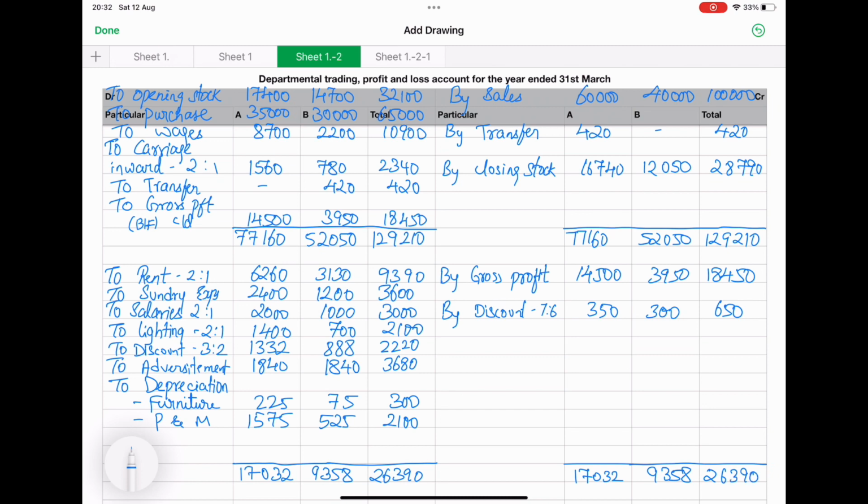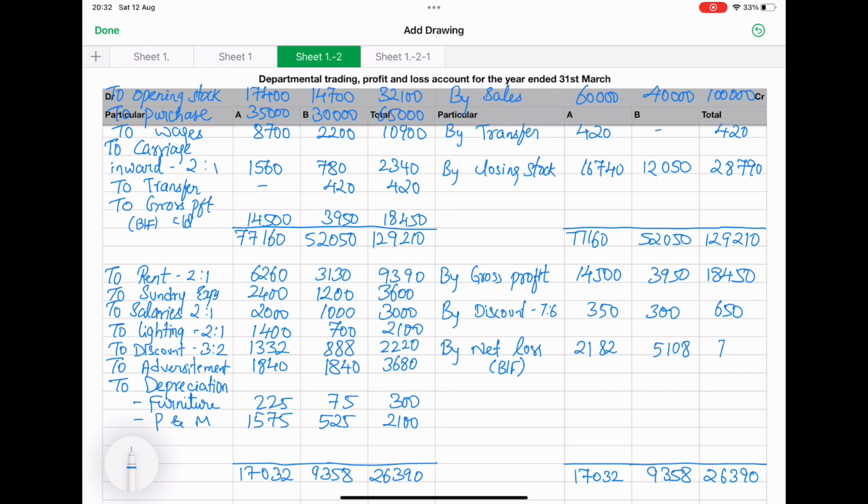So if you subtract the total from the above gross profit and discount received, we are going to sustain a net loss. That will be a balancing figure. 2,182 and 5,108.